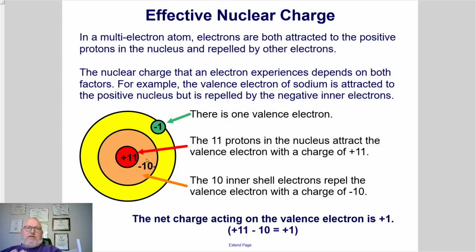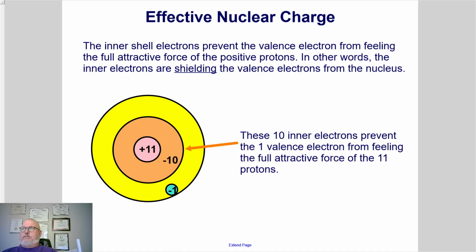So the charge acting on the valence electron is not a total of 11 protons. It's 1, because it's being repelled by the 10 inner electrons. So it's got a charge of +1 on it.